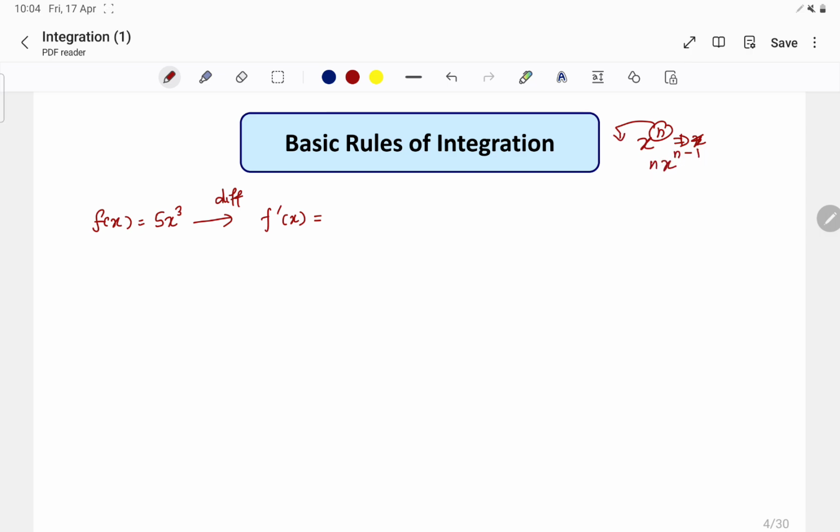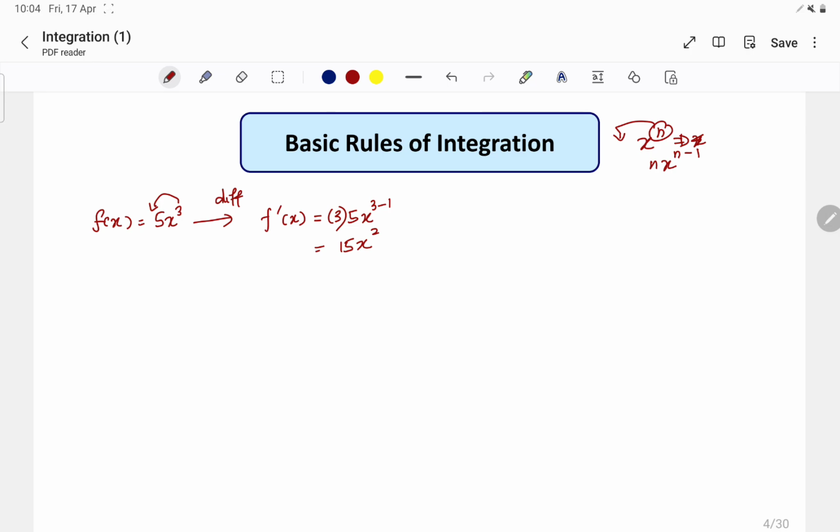So you copy 5x to the power of 3, and you bring the 3 in front: 3 multiplied with 5, and x to the power of 3 you maintain, minus 1. So the answer is 15x to the power of 2.